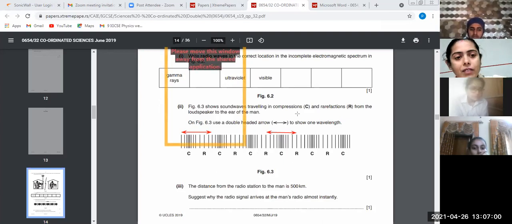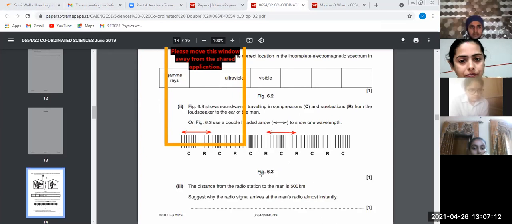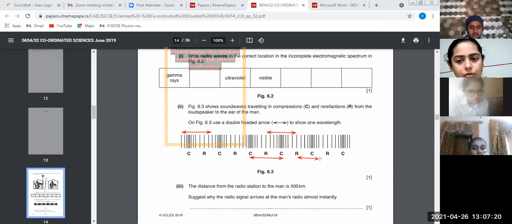So what is one wavelength? A complete rotation, and a complete rotation starts from where it started till the time it reached back to the same level. That is your one wavelength. You can have it like this also, crust to crust, or the trough to the trough, rarefaction to rarefaction. Fine.